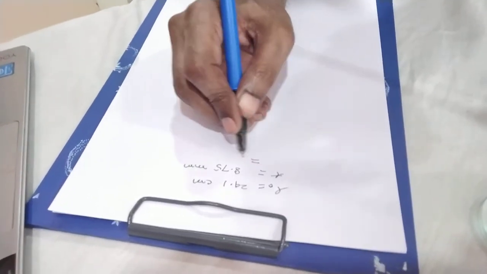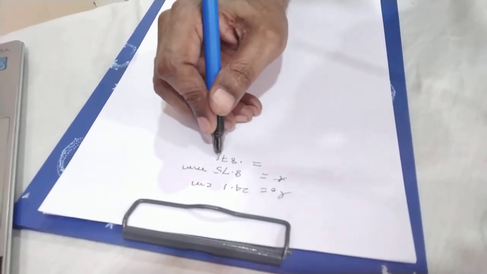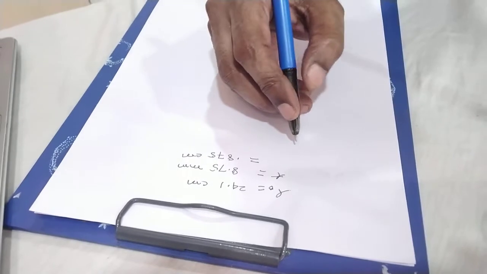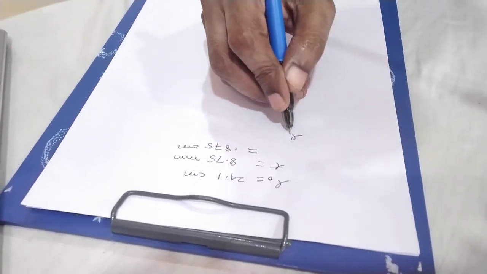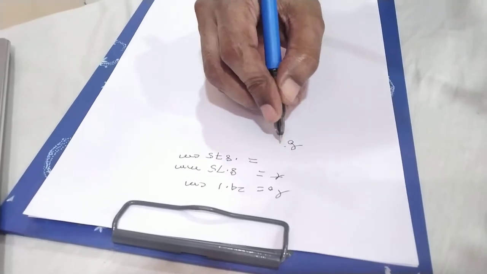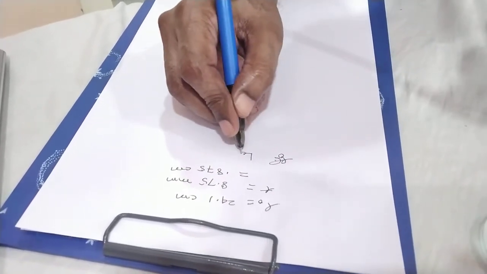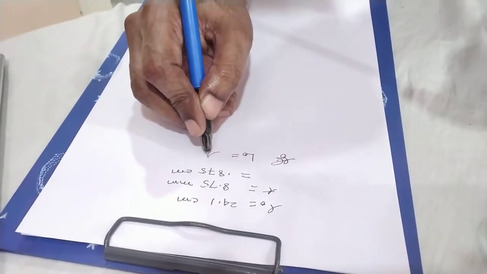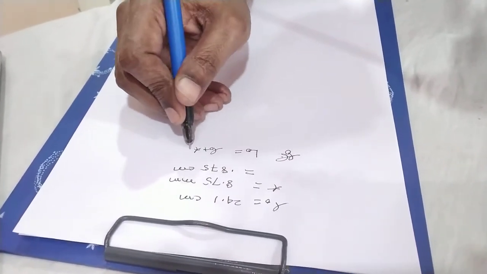So this becomes equal to 0.875 centimeter. Therefore the actual length L0 will be equal to this L0 plus T by 2.